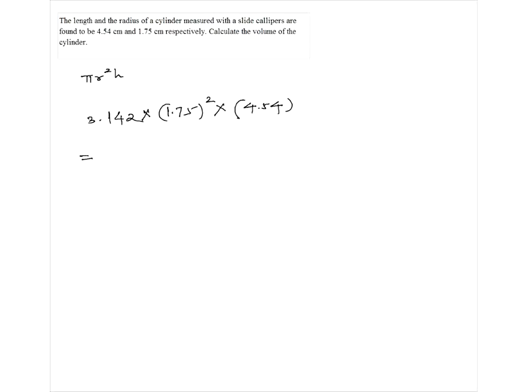Now since we have to round off up to 3, one more number will be required, because that number decides the rule for rounding off. This number is 8, that means this will become 7. 43.7 centimeter cube. If you have any questions, then just let me know.